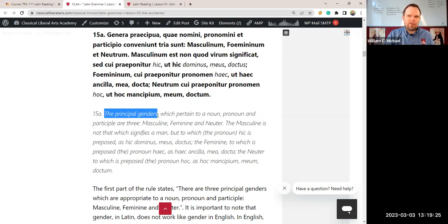And then with animals, we'd have like a hen would be feminine, a cow would be feminine, and things like that. That's pretty simple. The problem with Latin is that we learn that their idea of gender goes beyond that and doesn't only refer to natural gender, but it also refers to what's called grammatical gender.